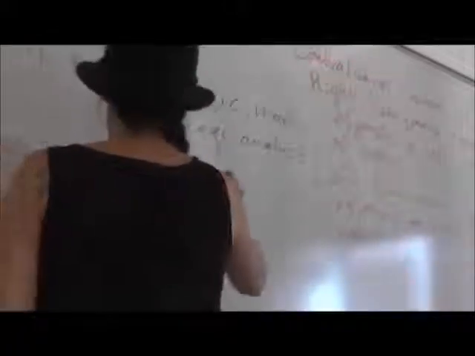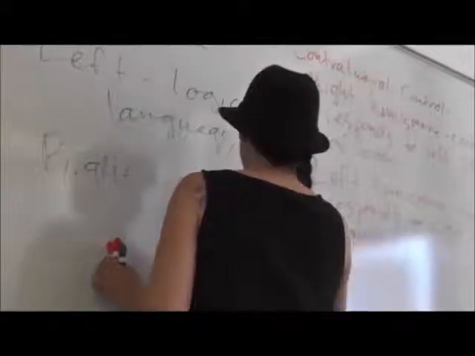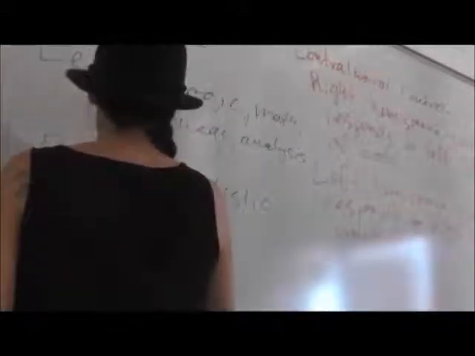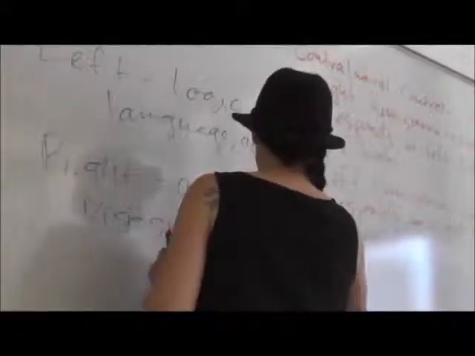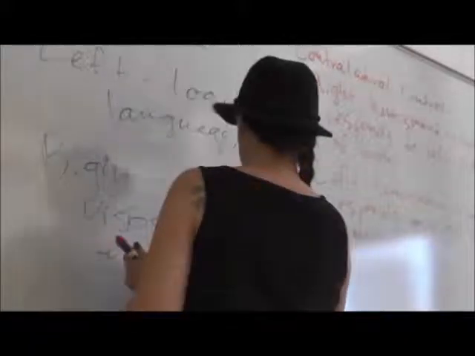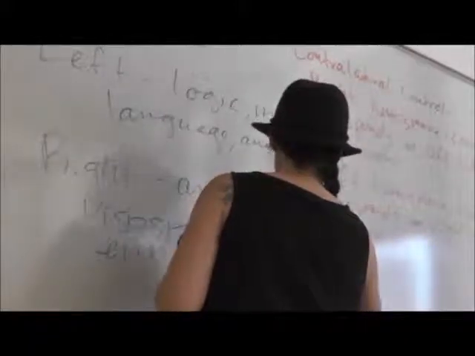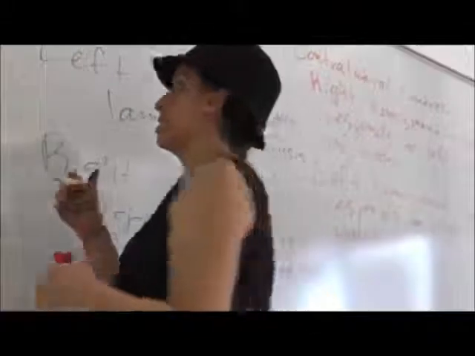And in those 90%, the right hemisphere is going to control artistic ability, visuospatial tasks, intuition, emotions. In the remaining 10%, about 5% of them have the opposite lateralization, and about 5% of them have no lateralization.